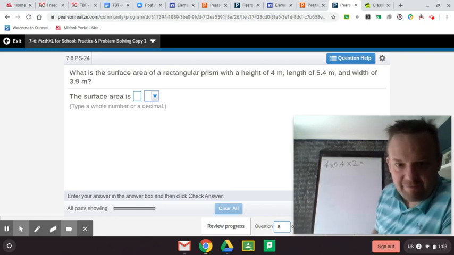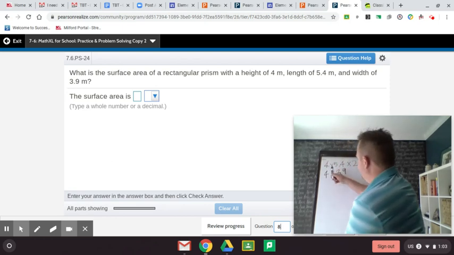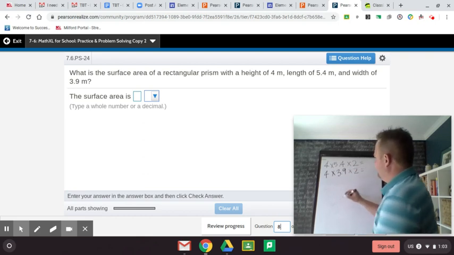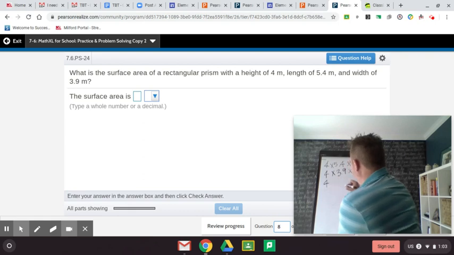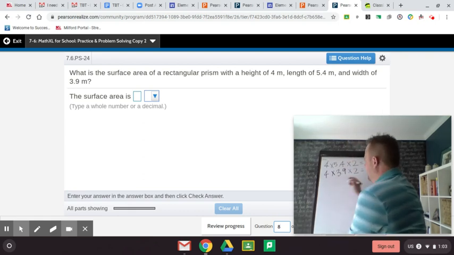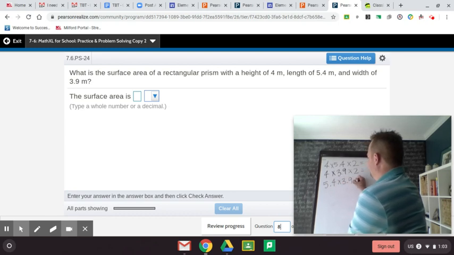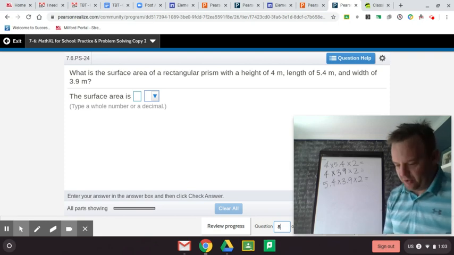And then we have 4 times 3.9. Notice I put the 4 with the 5.4 and the 4 with the 3.9. We have 2 of those. And now the 5.4 has to go with the 3.9, so not 4. 5.4 times 3.9 times 2. Let's figure out what that is, and then we'll add them all up.